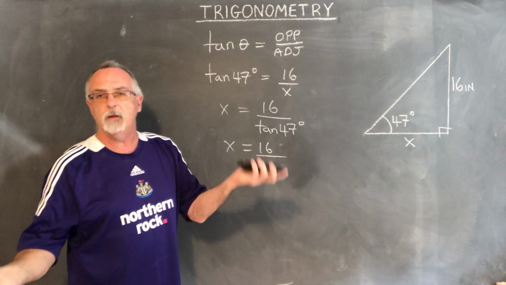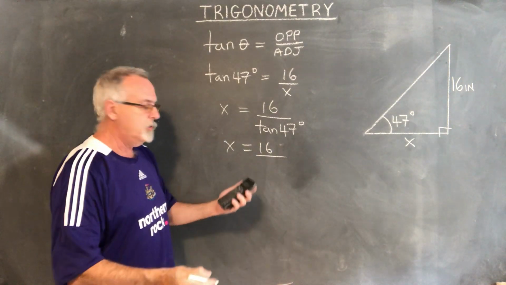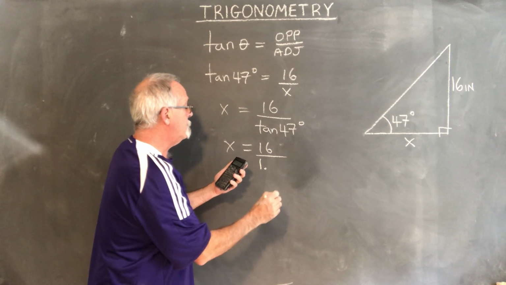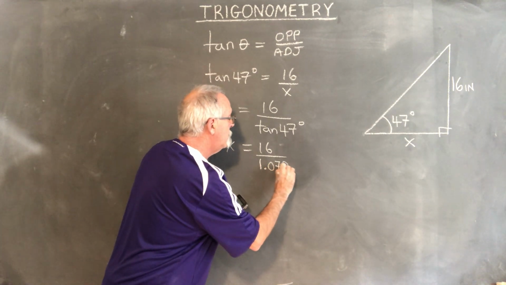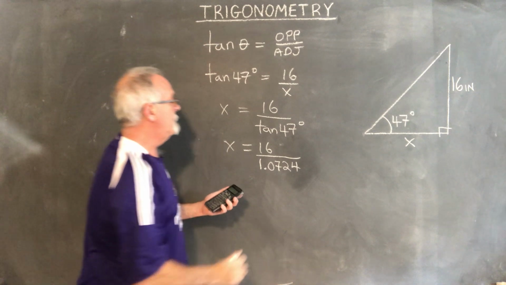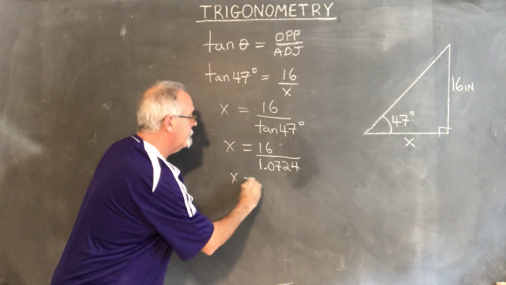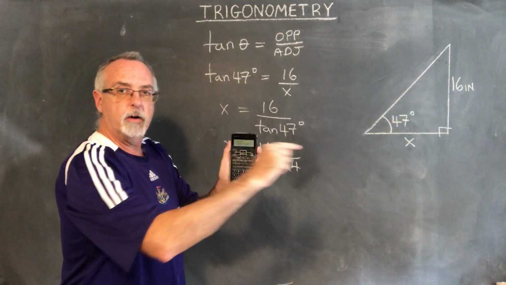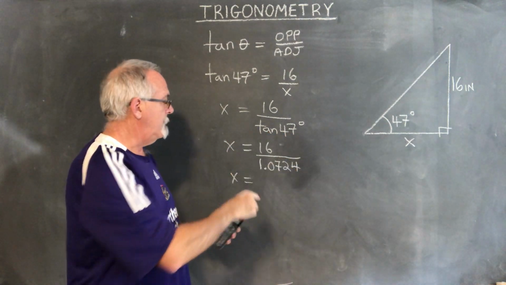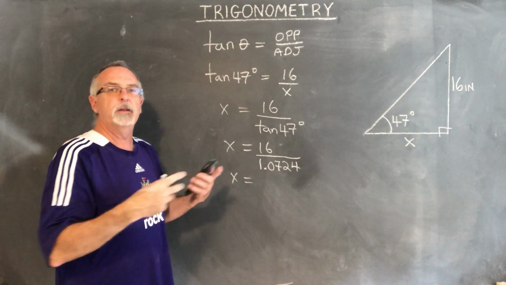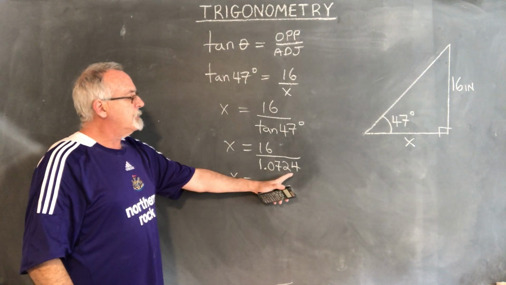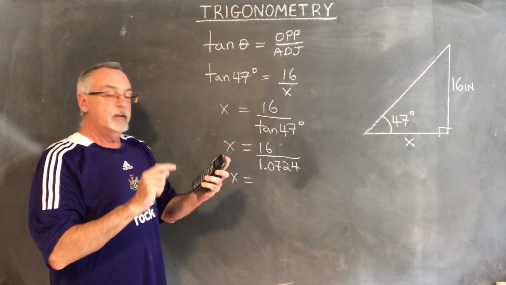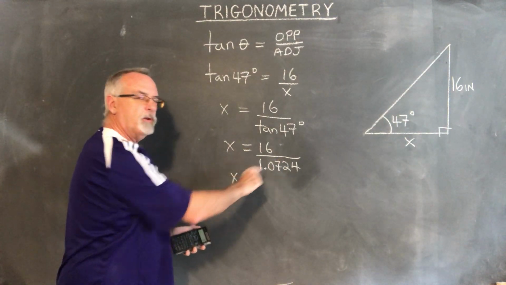I'm going to 4 decimal places like I usually do. So it's 16 divided by 1.0724. And I could just use the entire decimal when I actually give the final answer, but as I've been doing in these lessons, I'm just going to write it down to 4 decimal places, and then when I do the calculator, I'm going to clear it, and I'm going to use the 4 decimal place version.